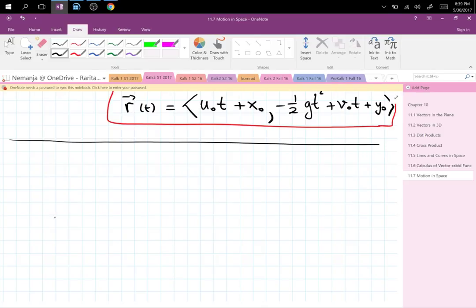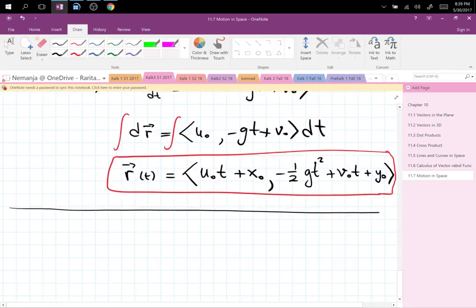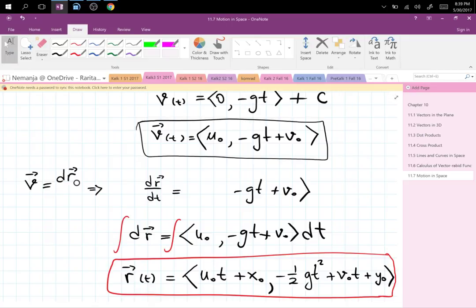So the equation that you see here is the equation for the position, and the equation above is the equation for velocity. Now you know these equations as individual equations that you learned in physics. Now we just put them in a vector. We did not learn any new equations. You should be recognizing all of these equations from before.